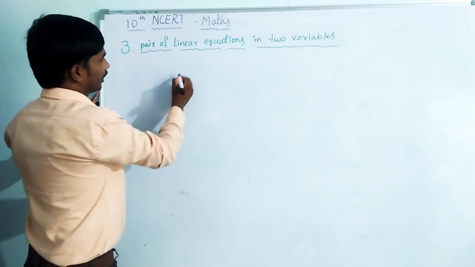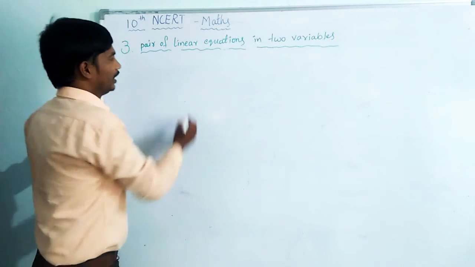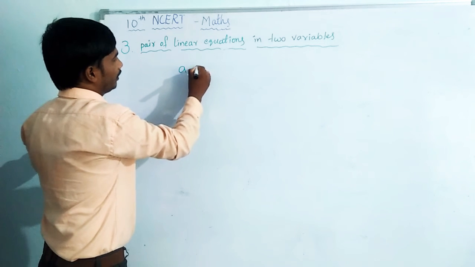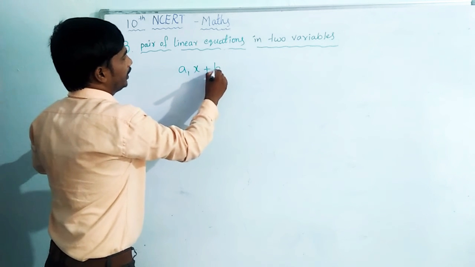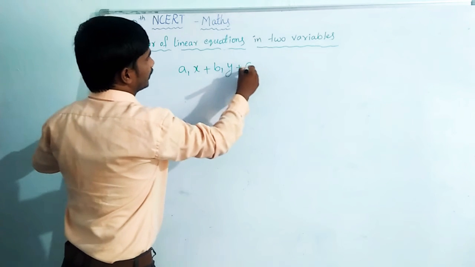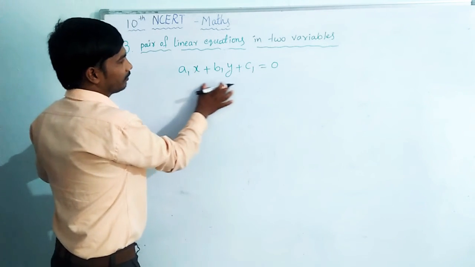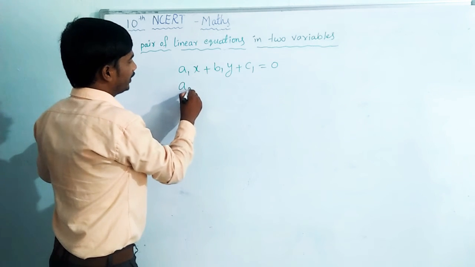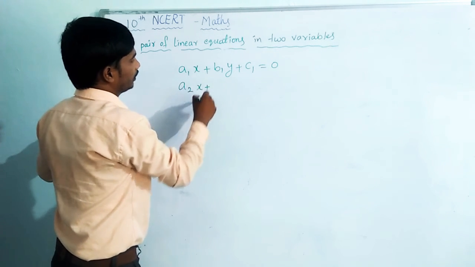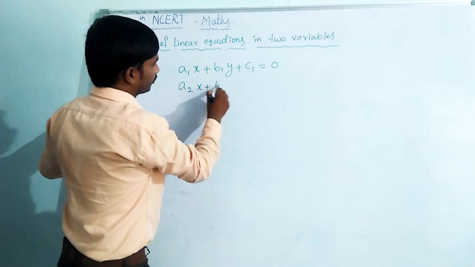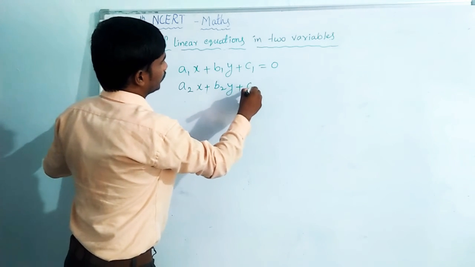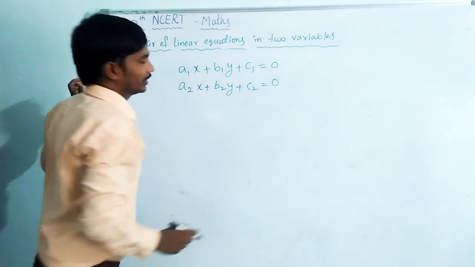For example, see the standard form of the linear equation: a1x plus b1y plus c1 equal to 0. Next, this is the first linear equation, and the pair of linear equation with another linear equation is a2x plus b2y plus c2 equal to 0.